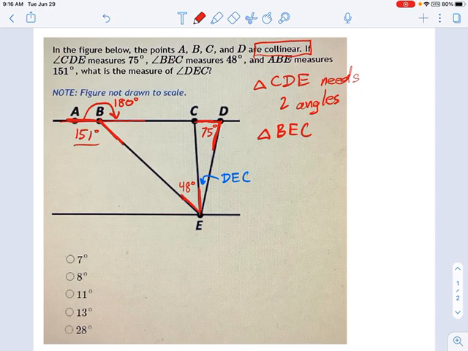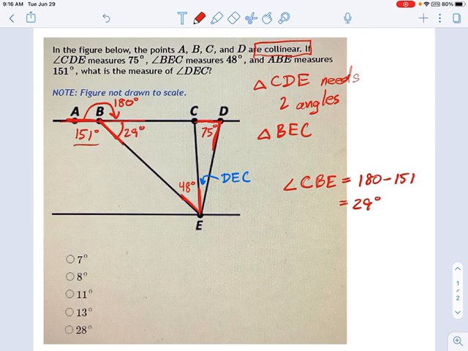This angle right here, CBE. So I'm going to say angle CBE equals 180 minus 151. And that's equal to 29 degrees, I think. Okay, so that's 29 degrees.